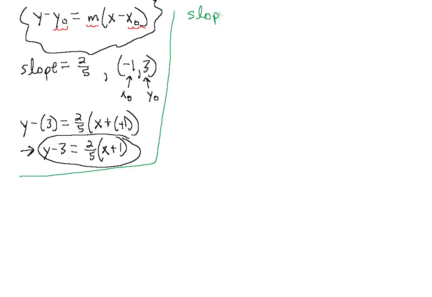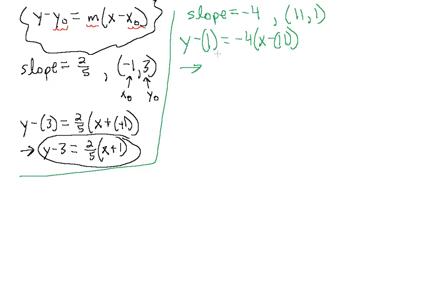Let's say we have a slope of -4, and the line passes through the point 11, 1. Here we're given the information that we need. We know our point-slope form is y minus y naught, which is 1, equals our slope, which is -4, times x minus 11, which is x naught.